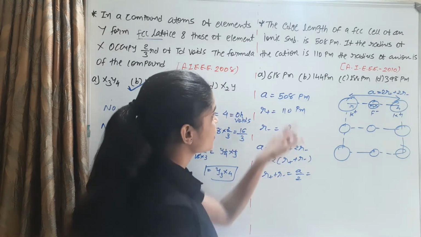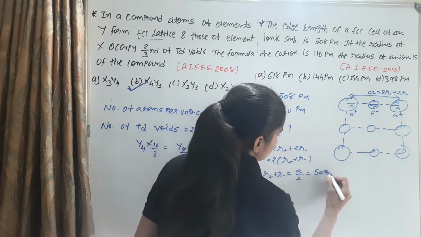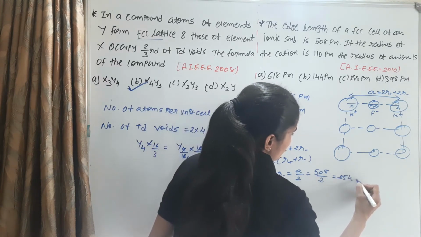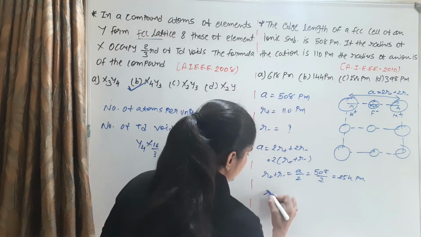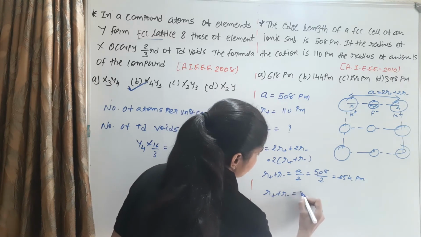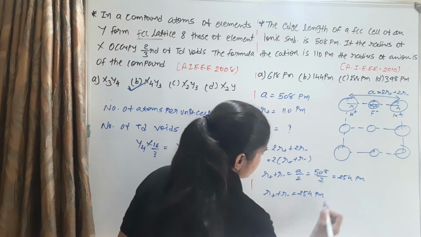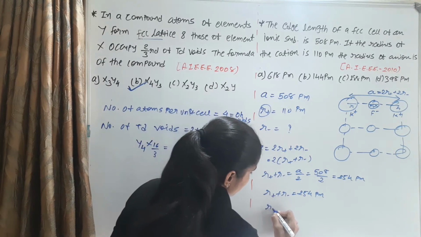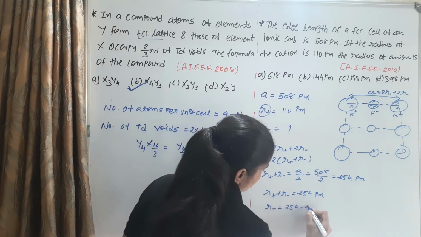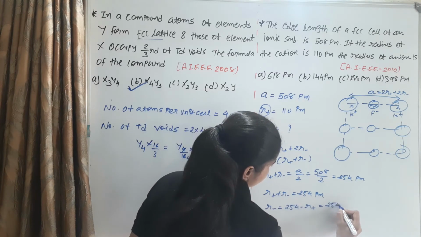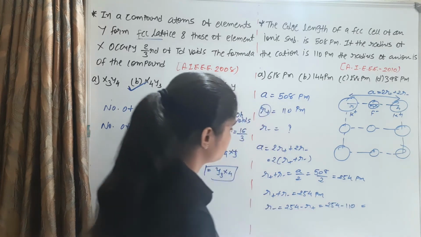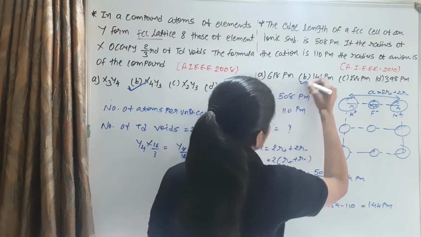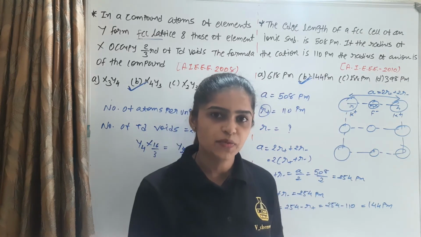The A value given is 508/2, so this is 254 picometer. R plus plus R minus is equal to 254 picometer. One value given is R plus, so R minus is equal to 254 minus R plus, which is 254 minus 110. It gives the answer 144 picometer. This is the right option, 144 picometer.